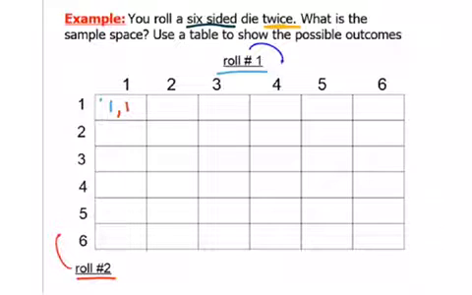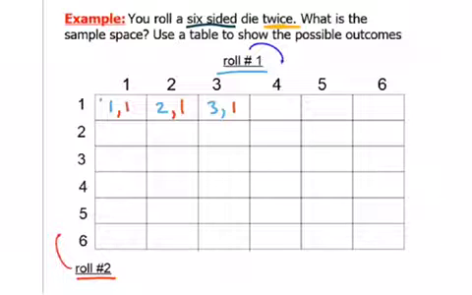We have 2 for the first roll, and we have, make sure we have red here, 1 for roll number 2. Okay, we have 3 for the first roll and 1 for the second roll.